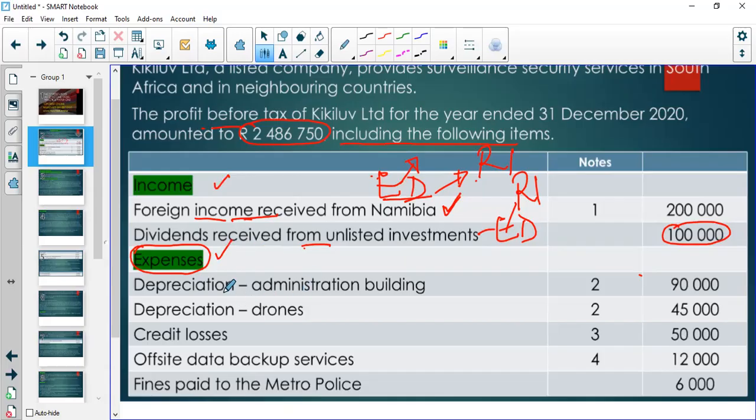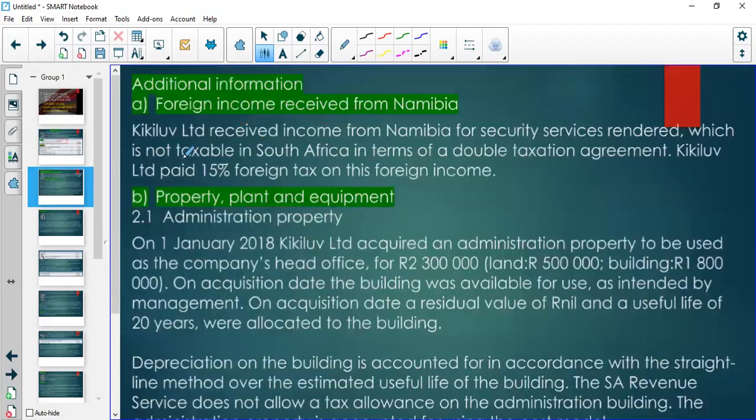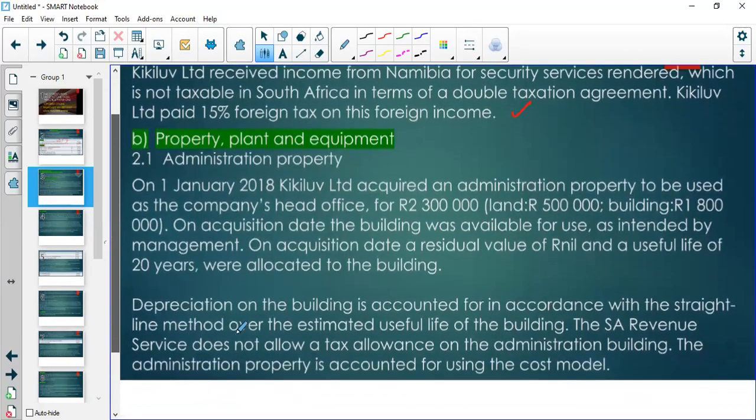For example, this depreciation building here, if you come to information under 2, it tells you that the depreciation building, all right, SARS tells you that the South Africa Revenue Service does not allow a tax allowance on the administration building, okay.